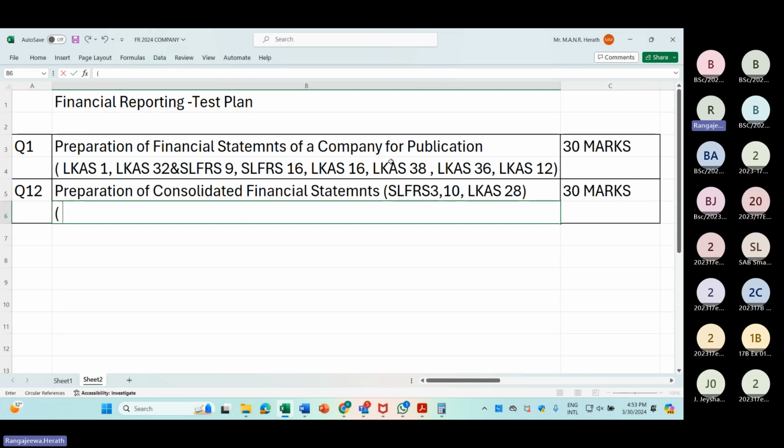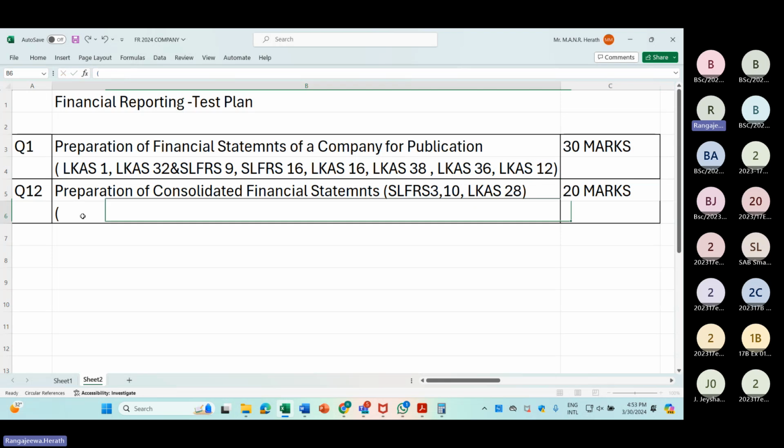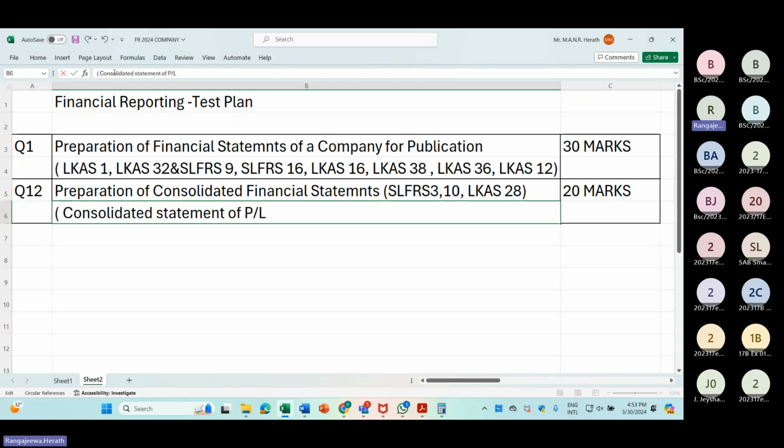So this 20 marks question, you will be tested consolidated statement of profit or loss and OCI together with goodwill, consolidated retained earning workings. So you are not asked the full balance sheet.